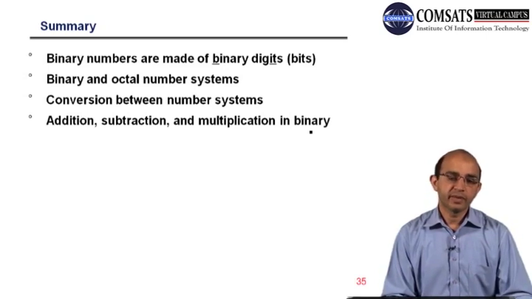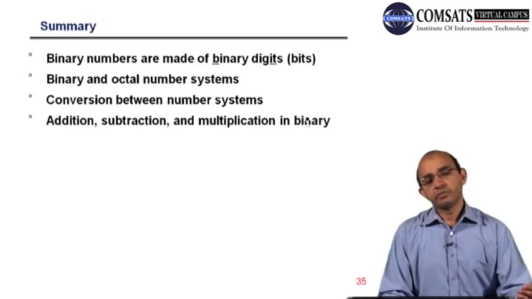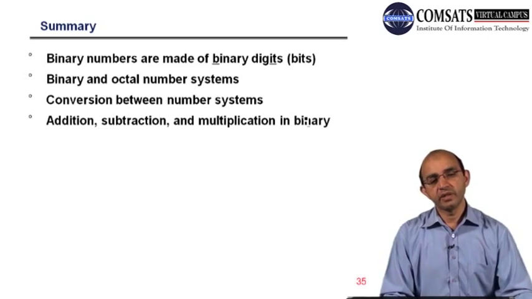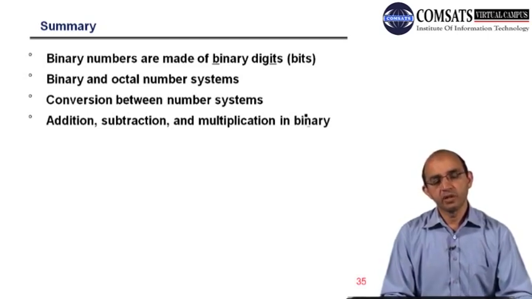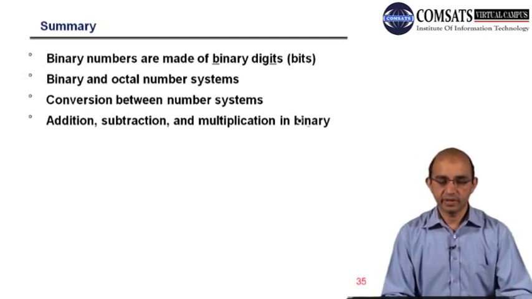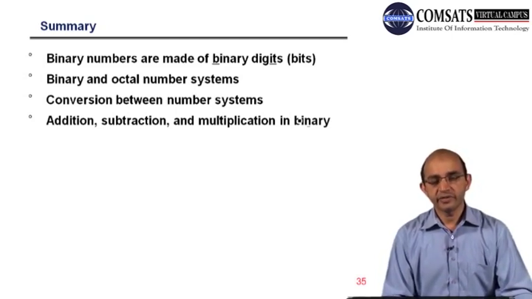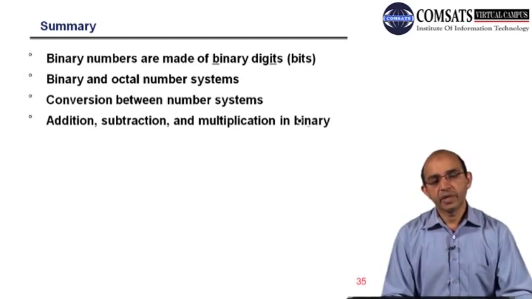For example, we represent 0 by a voltage level between 0 and 1, and we represent binary 1 by a voltage level between 3 and 5. So we need 2 voltage levels. That is the solid and key justification for why we use the binary number system as opposed to the decimal number system, though we use the decimal number system in our daily life.